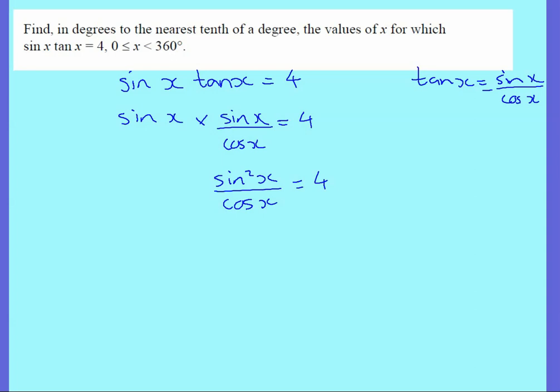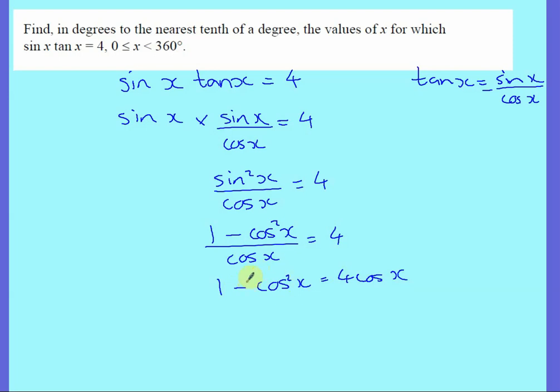But now I've introduced a cos, you should be able to see that sine squared x I can turn into the cos ratio, and that's the only ratio we'll have left. So using the other identity, sine squared x plus cos squared x is identically equal to 1, I can write this. I was going to times by that, but I held back. So then we get 1 minus cos squared x is equal to 4 cos x.